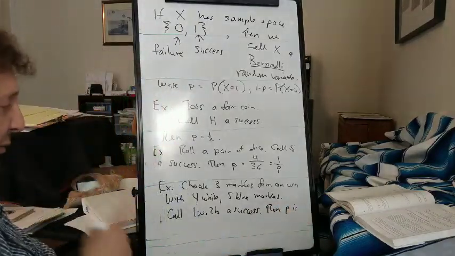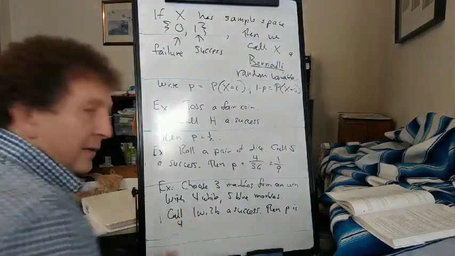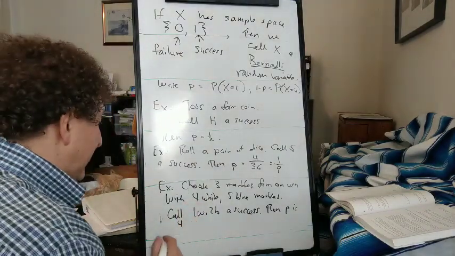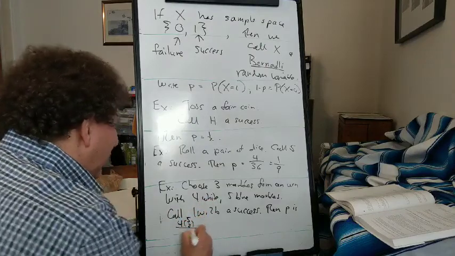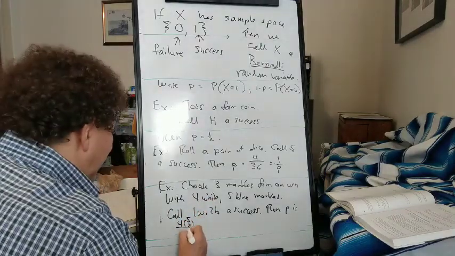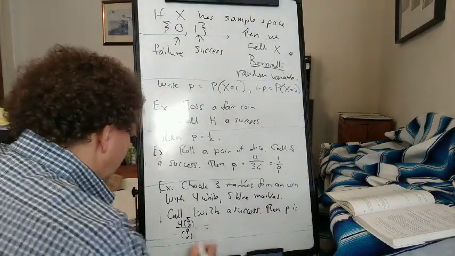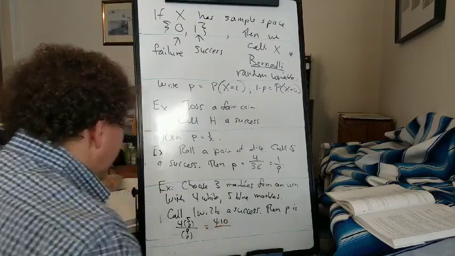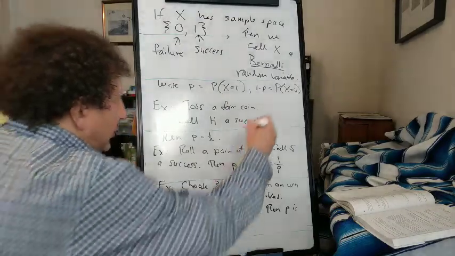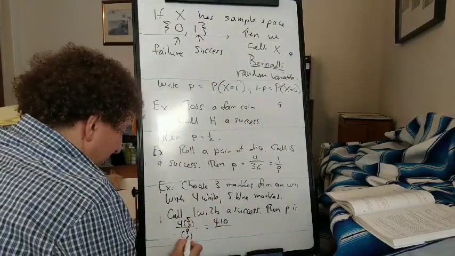And p is the number of ways to get 1 white and 2 blue. Well, we've got 4 white and 5 choose 2 ways to get the blue ones, over, there's 9 total, so 9 choose 3. So that's 4 times 10 over 9 choose 3.